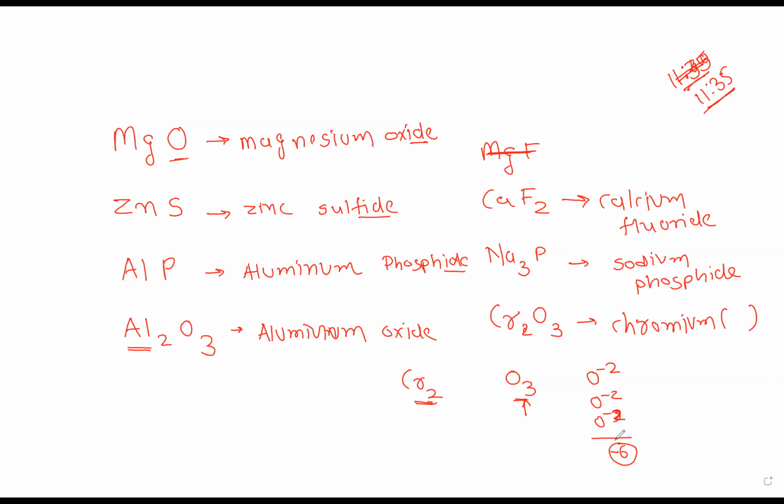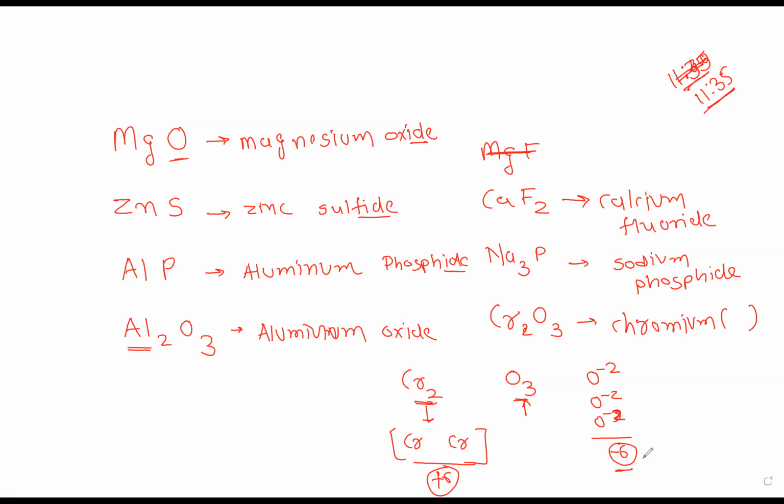All right. The same way, we can break this down. There are 2 chromium, so we can write Cr and Cr 2 times. Now we have to know that the total positive charge on the chromium must be +6 in order to cancel out this -6 charge.